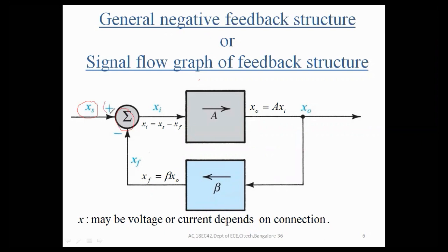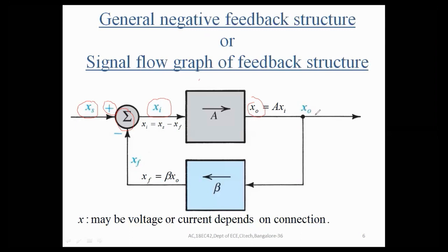See the symbol; here the sign is positive. The actual input applied to the amplifier is Xi, and it amplifies this Xi and produces an output, that is X naught equal to A times Xi, where A is the open loop amplifier gain.